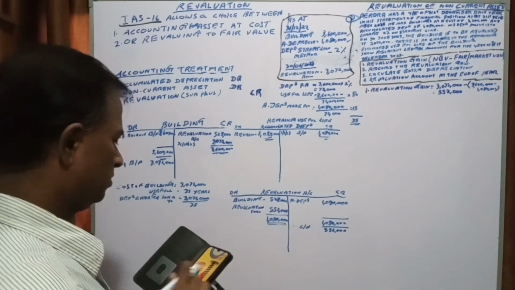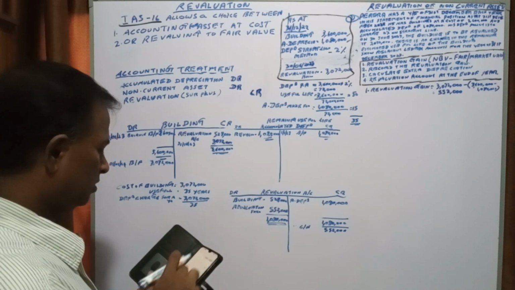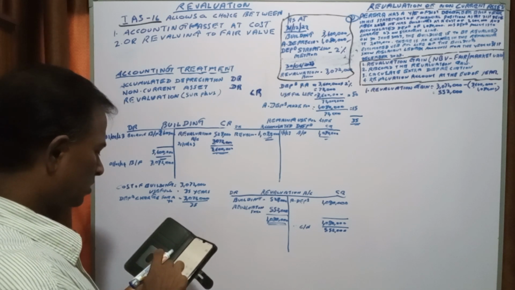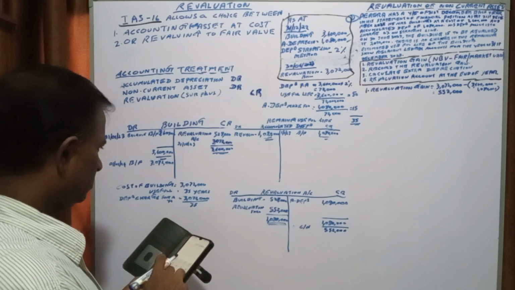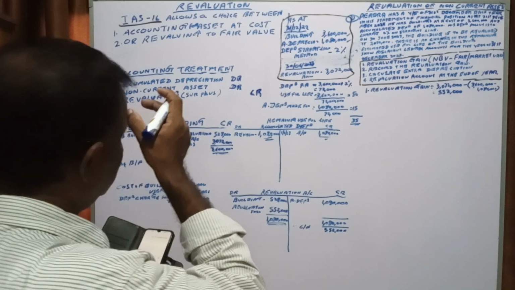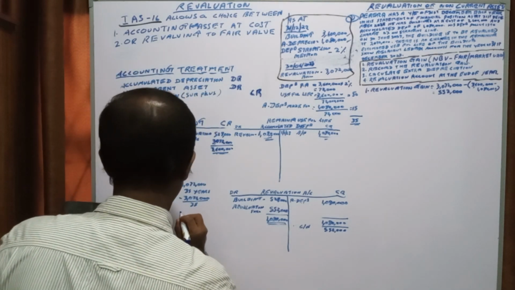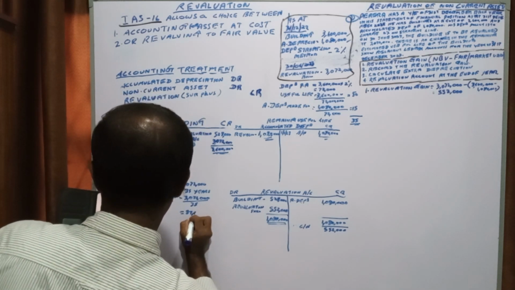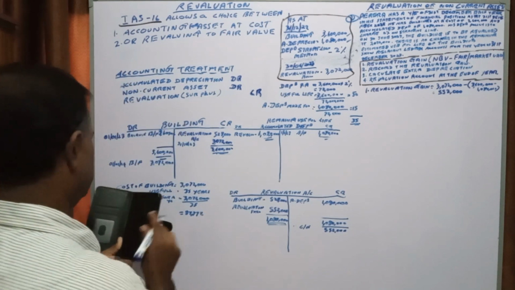That means the depreciation for the year will be 87,772.